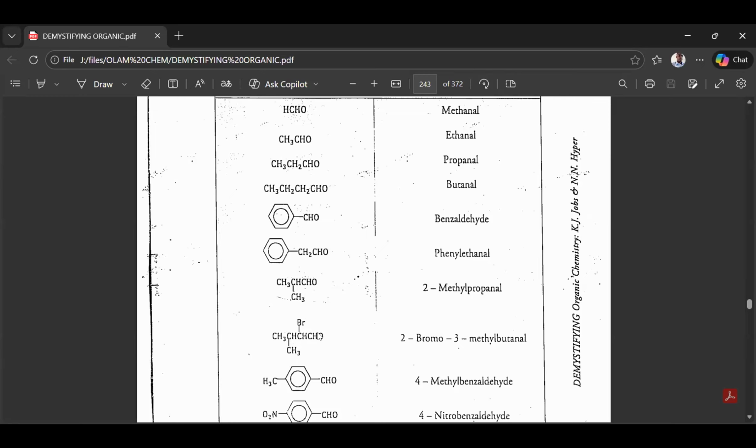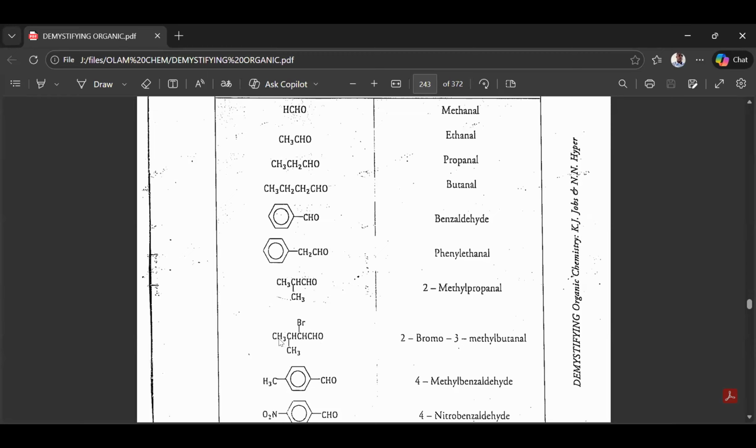It's the superior group in this compound, so it's supposed to take the name of the compound, and therefore the functional group of it is supposed to be at position 1. So whatever you are doing, make sure the carbonyl group is at position 1 here. So we are now taking this as 1, 2. So the bromide atom is at position 2. The methyl group is at position 3.